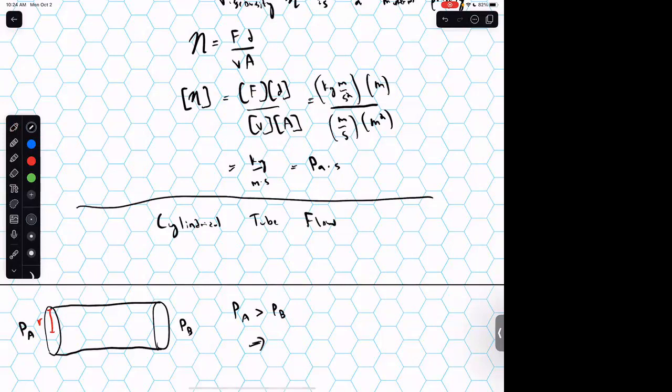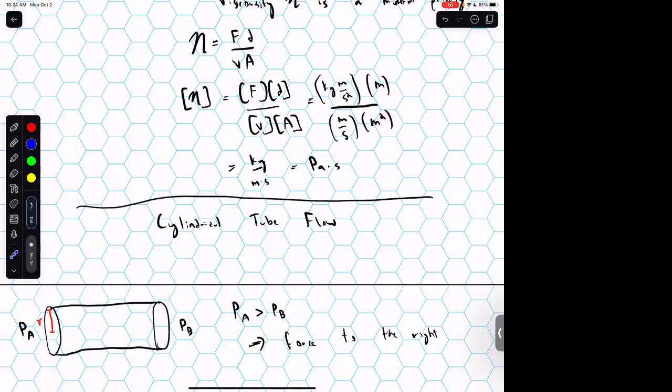Because that implies that there will be a force to the right. And if you want to prove that to yourself, remember that pressure is just force over area. So if I have a pressure here, I have a pressure here. I have some fixed cross-sectional area, so that's not going to change between the two sides. So this pressure here exerts a force that way. This pressure there exerts a force that way.